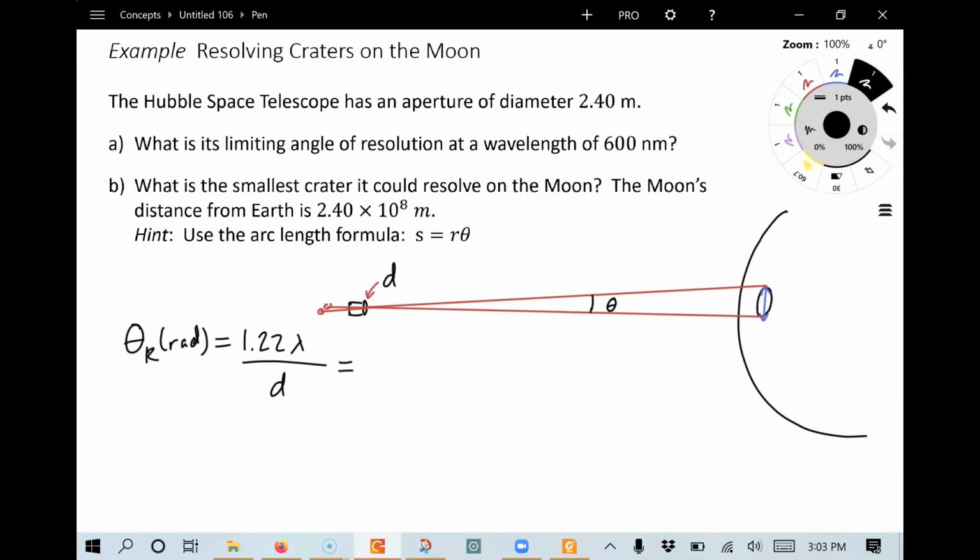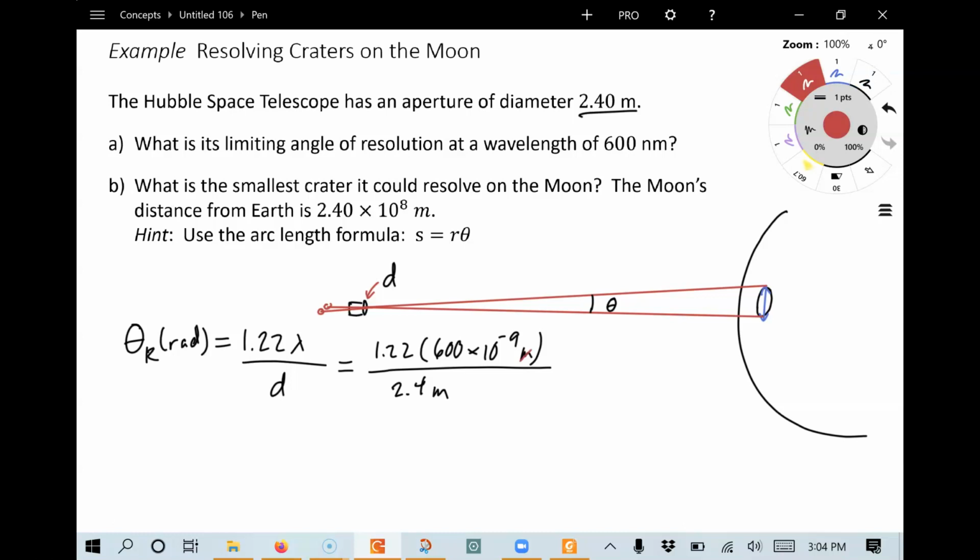In this case, it's easy to figure out Rayleigh's angle. We know it's 1.22 times the wavelength. We're using 600 nanometer light. Let's get this into meters so we have consistent units for the lengths. The diameter of the Hubble is given as 2.4 meters.